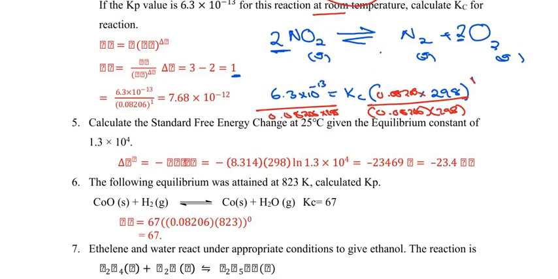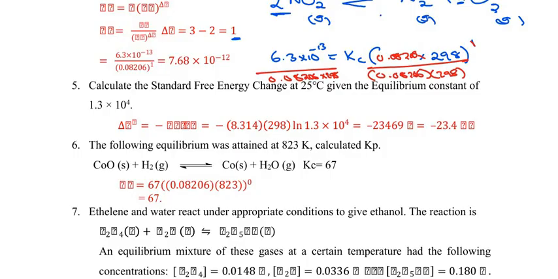And apart from that, the second question here, they are saying, calculate the standard free energy at 25, given the equilibrium constant is 1.3. So here we're using the same formula from before. Gibbs free energy is equal to negative RT, then ln, the constant.